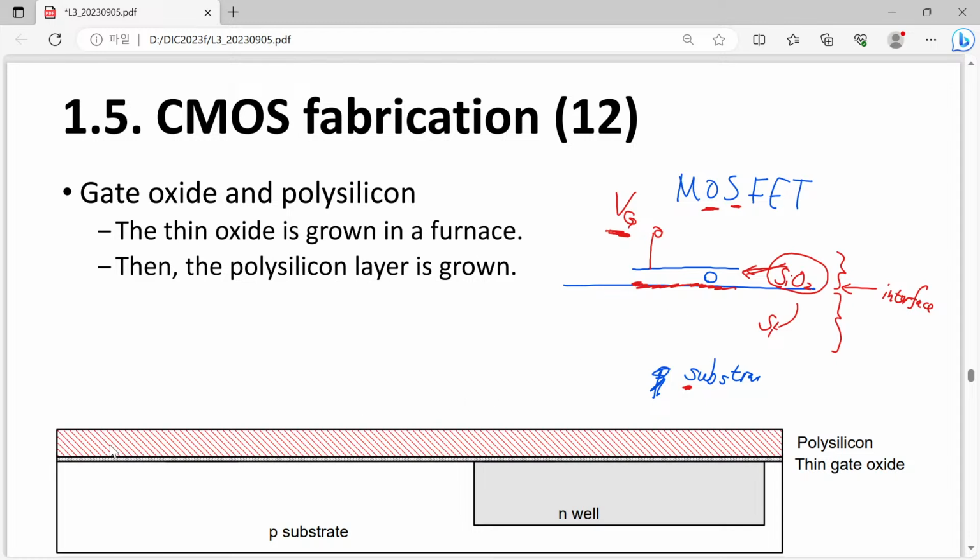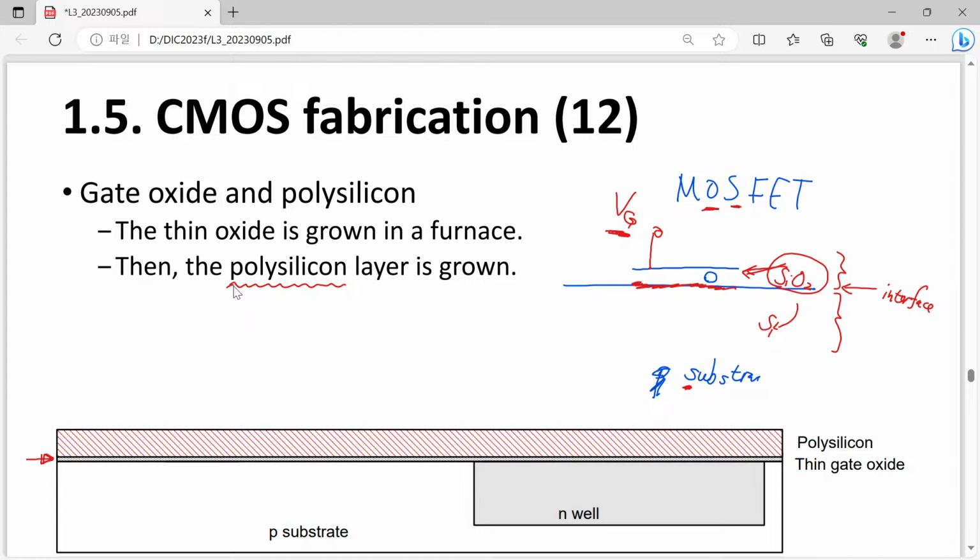So now we introduce very high quality, extremely thin gate oxide here. After that, we introduce a polysilicon layer. But I wanted to say that in state-of-the-art devices, we no longer use polysilicon as a gate material.